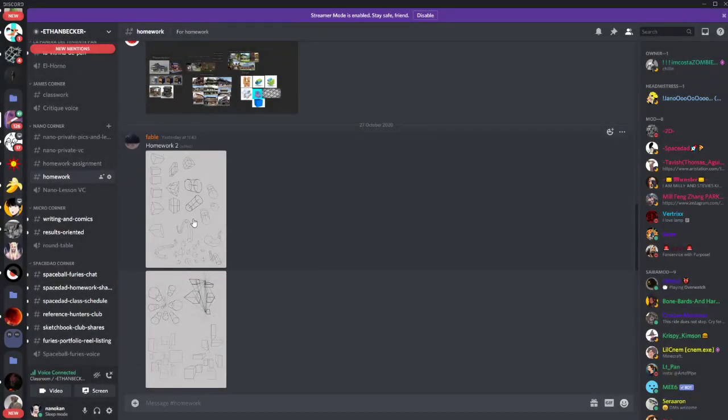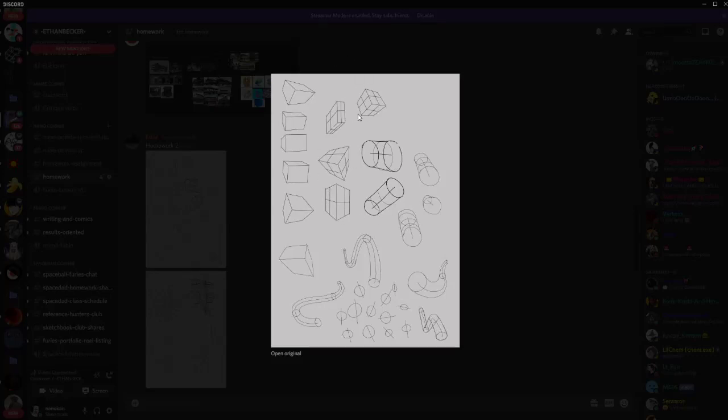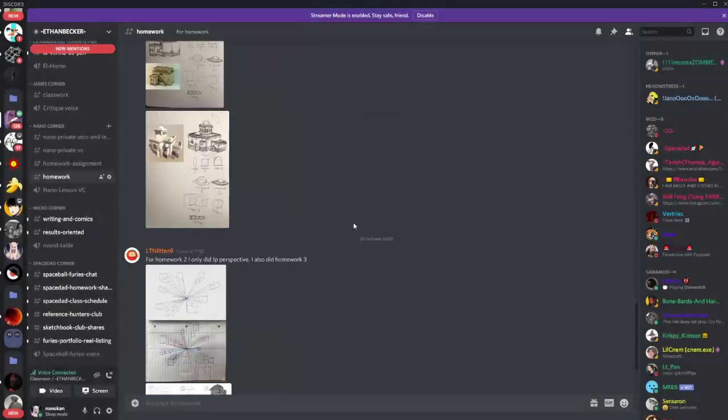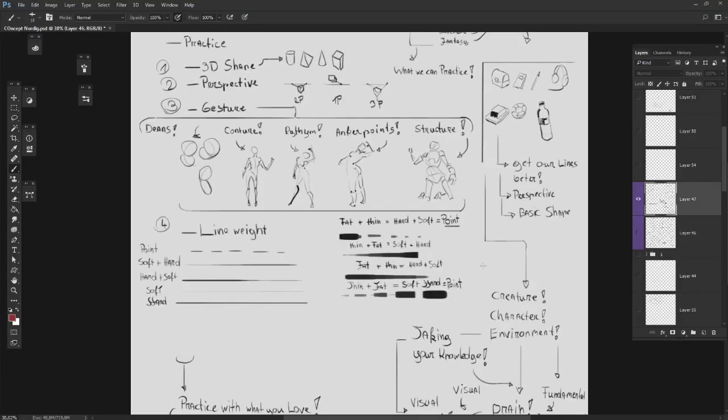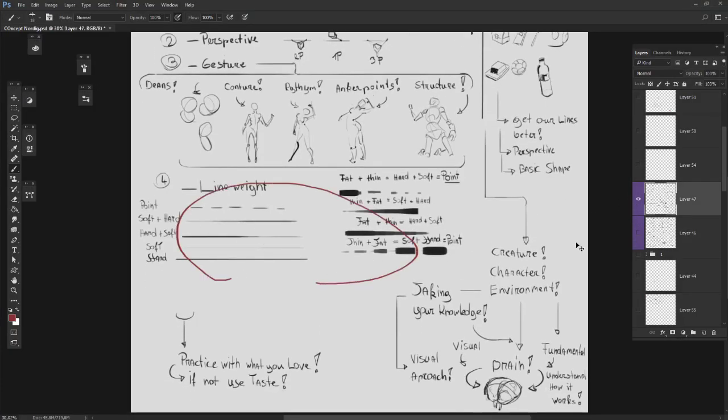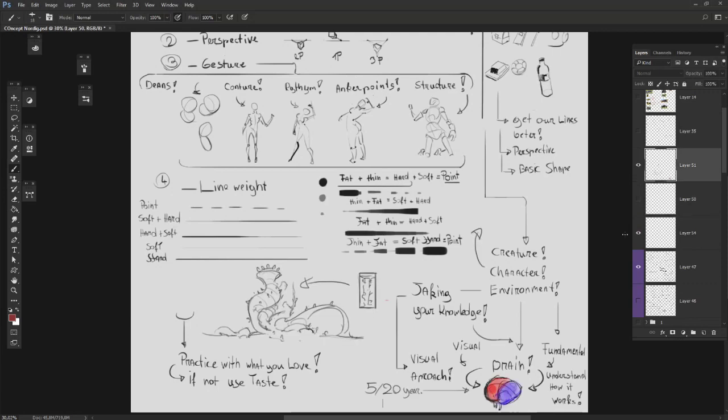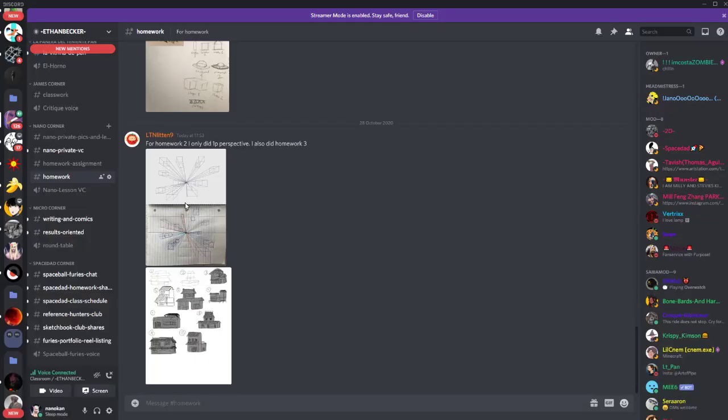Practice the same thing Fable did. You need to practice volume and other types of stuff, and a little bit of line weight. We just need to add those things into that. As long as you later on understand what happens, then you can have an easier approach and way better line quality with it.